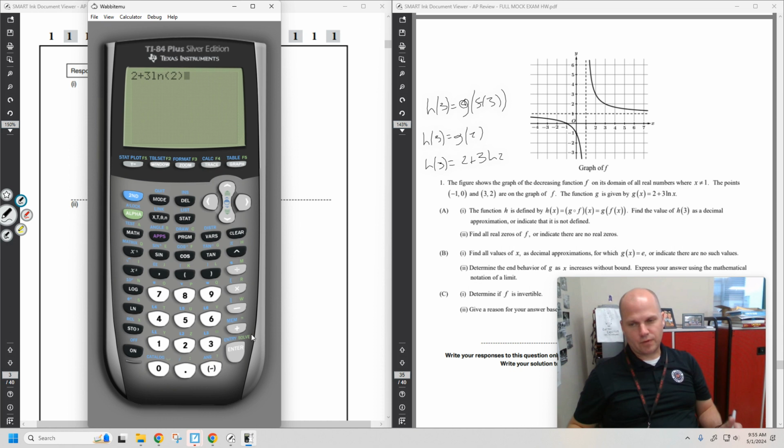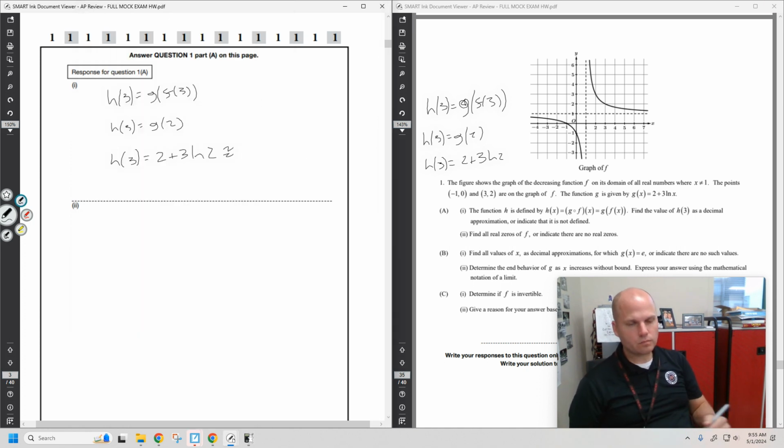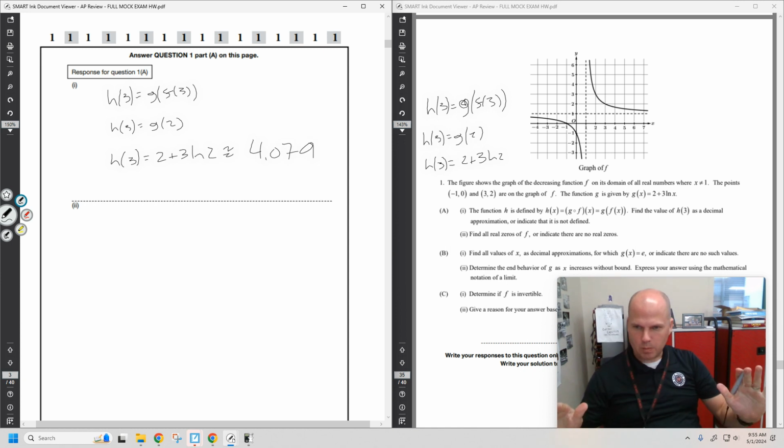If it's a log of a different base, you can find log base in math A, or you can use the change of base, which is log number divided by log base. So we get 4.079, and we will leave that 3 decimal places, rounded or truncated.